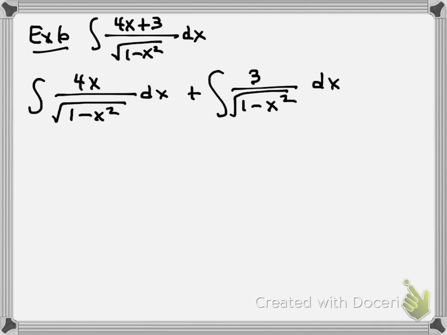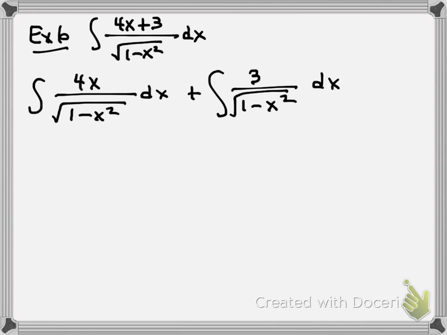And so now I have 2 separate problems. This problem is pretty much like one of our previous examples, like one of those from early in chapter 5, where we said let u equal this entire denominator, because the derivative of this denominator is contained in my numerator. So we kind of want to work these as 2 separate problems.